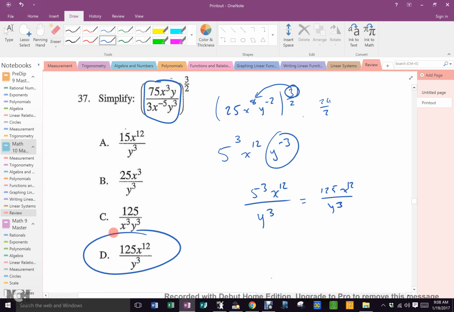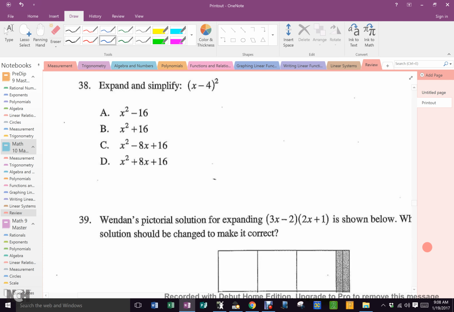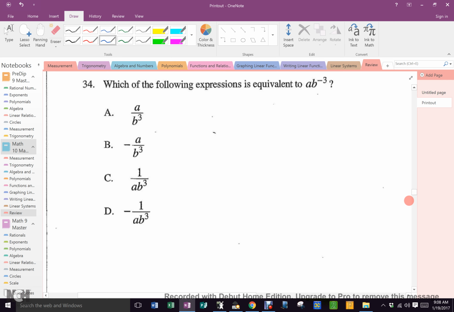Are we good with exponents? Okay. There should be one more. There's a good one. Why?